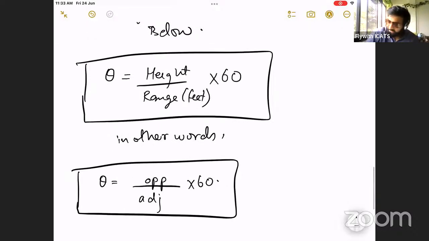Okay, where I will make the diagram. This is glide slope, this is height, and this is range.